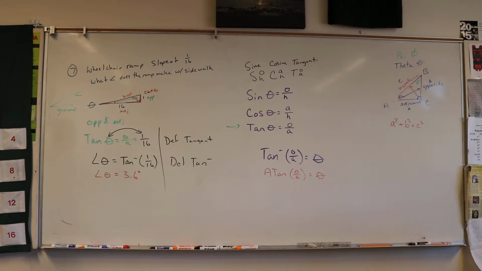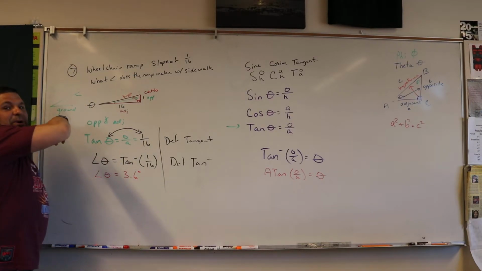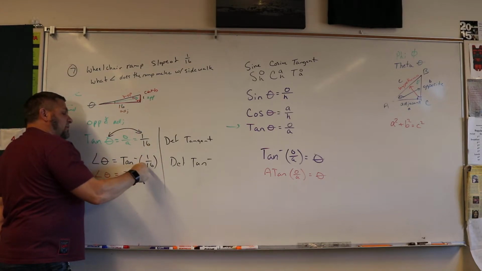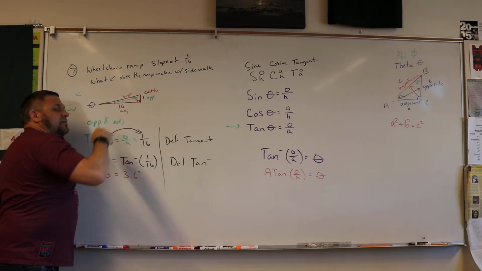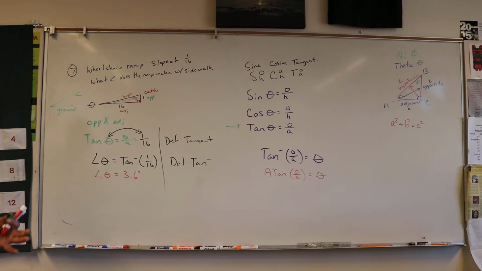Subtract it from 90 if we want. Or look at it the opposite way, that instead of 1 over 16, it would be 16 over 1. So it's up to you.